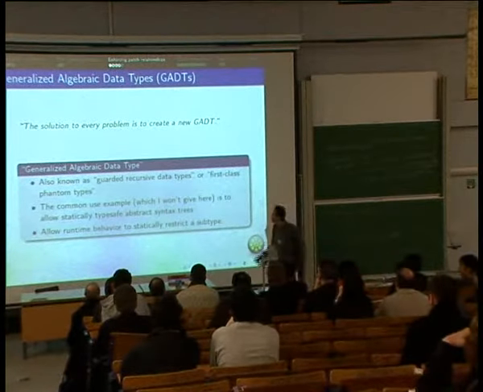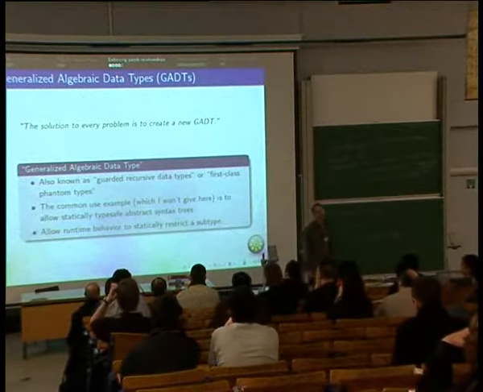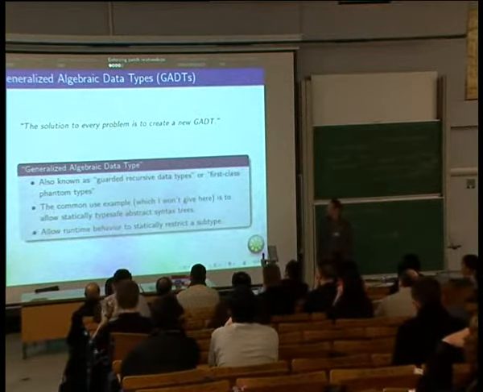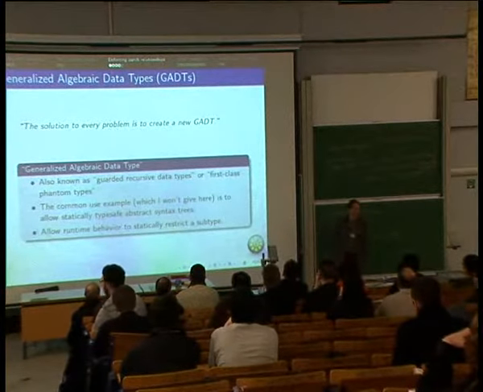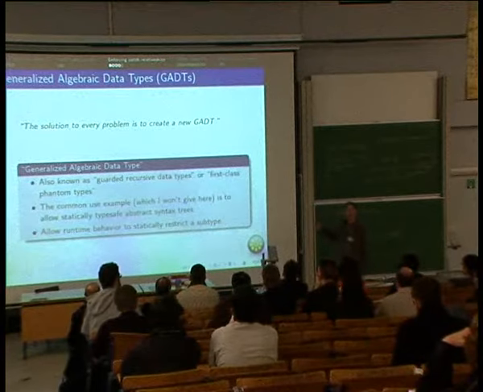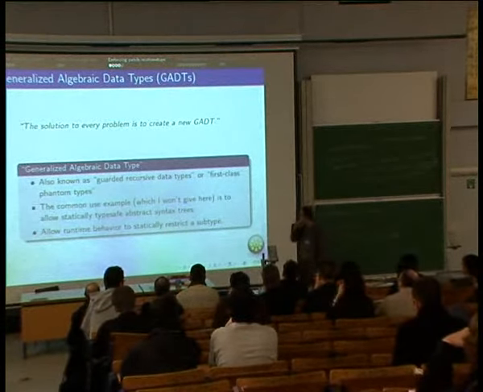So what we're using is what's called generalized algebraic data types. They're a new feature in Haskell, and actually the released version of Haskell has a bug in it, so you really have to use the Darcs version of Haskell, the one from their Darcs repository, if you wanted to reproduce this.